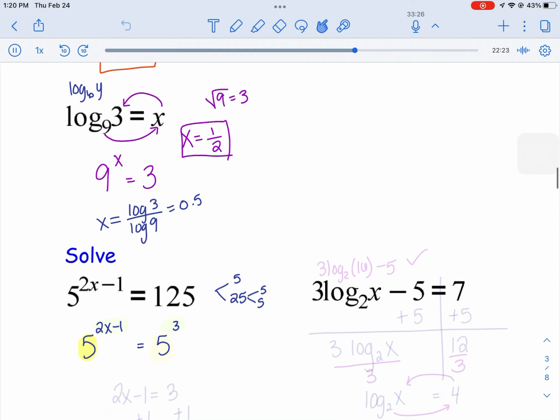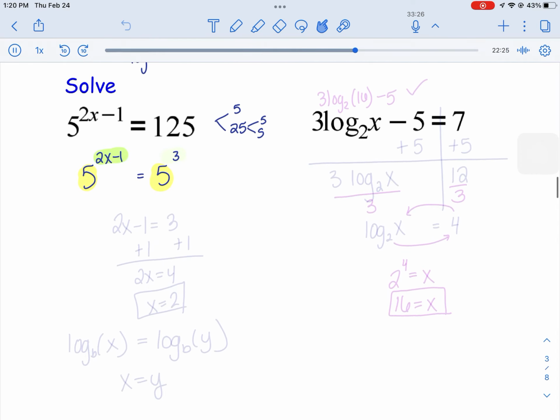And then the bases are the same, so I can set the exponents equal. And then I would solve for x. Now, I don't have to worry about extraneous solutions for exponential functions because you can plug in anything you want there.